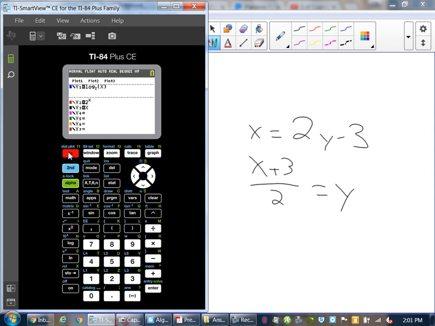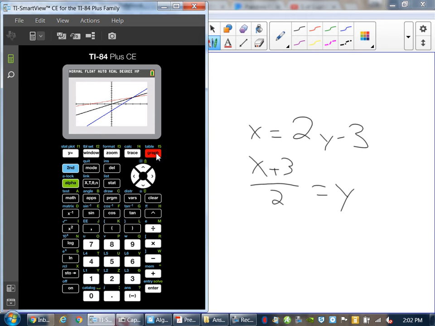But also, what happens when you're doing inverses, if you look at them graphically, with 2x minus 3 and the other one x plus 3 over 2. Remember, if you look at everything graphically, no matter what, for your two functions there's always this imaginary line, y equals x, and each point on either graph is equidistant to that line y equals x.